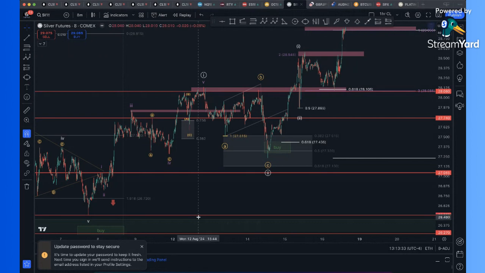This ABC pattern, a B wave is possible to get above the preceding high and not count as a new high. So this is wave 1. This is a 3-wave correction, ABC. The challenge is the B wave got above the level of wave 1. Is that allowable? Yes, it is.